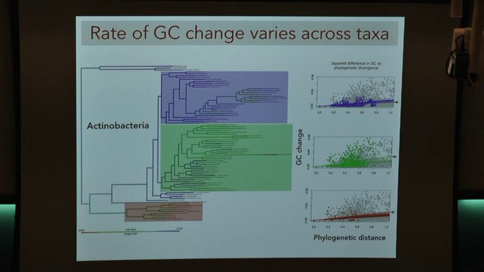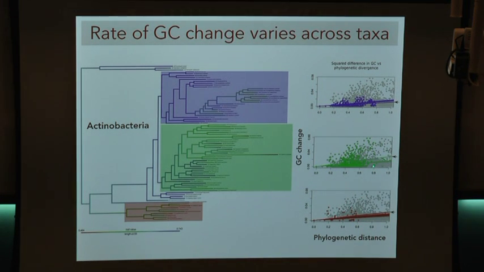This distance is based on a published phylogeny, which used a handful of highly conserved genes and looked at their sequences to identify phylogenetic distance. What you see is that the gray points show you all possible pairwise comparisons across the entire group, and the colors highlight the specific pairwise comparisons within these colored clades. And what you can see is that some of them have much higher rates of GC change for a given phylogenetic distance.